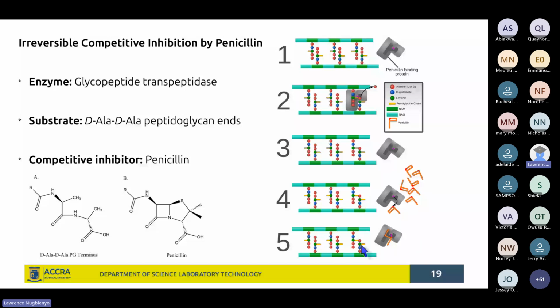So yes, the structure, if you look closely at it, looks just like the substrates, the alanine peptidoglycan ends, which bind in the active site, except that the penicillin molecule itself has closed rings, but when it comes into contact with the enzyme, the rings open up and the structure looks just like the alanine peptidoglycan ends.